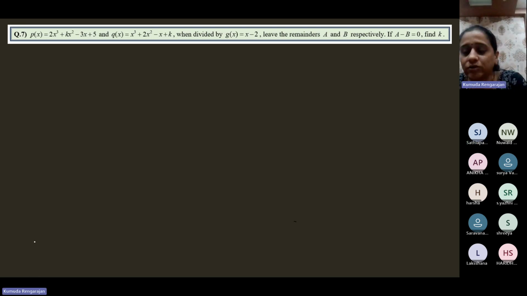Okay. So can you tell me the expression for A? What's the expression for A? A is equal to 2x cube plus K x square.